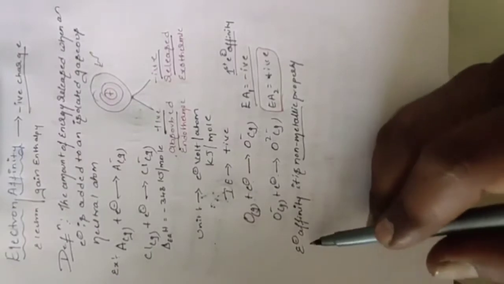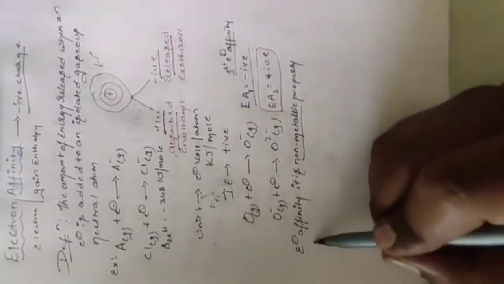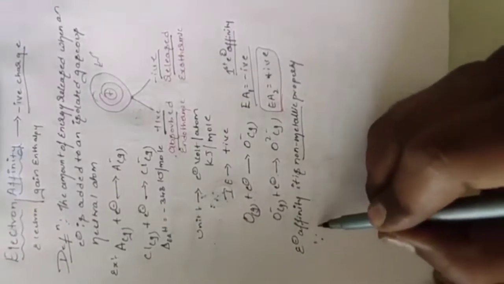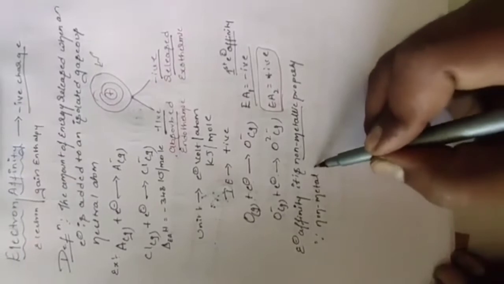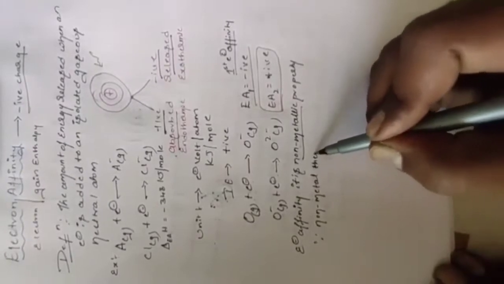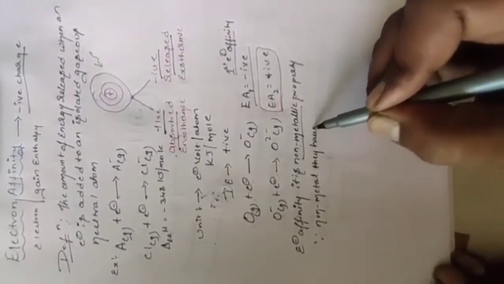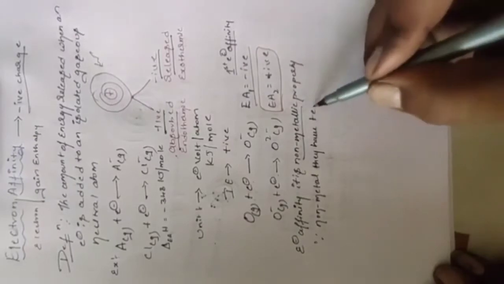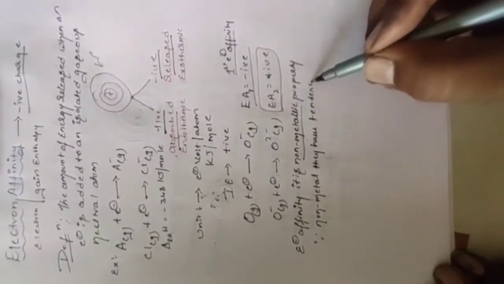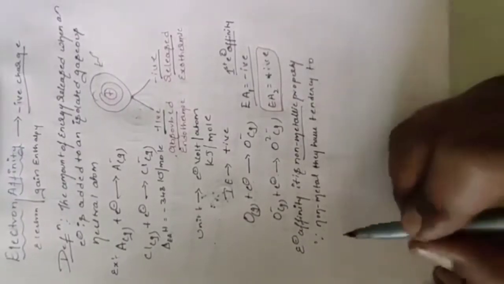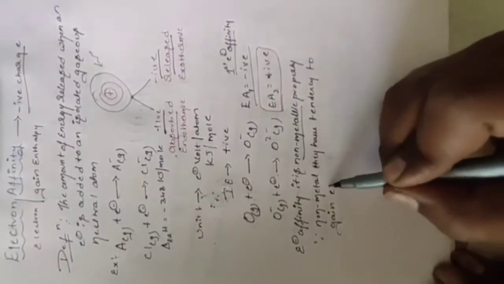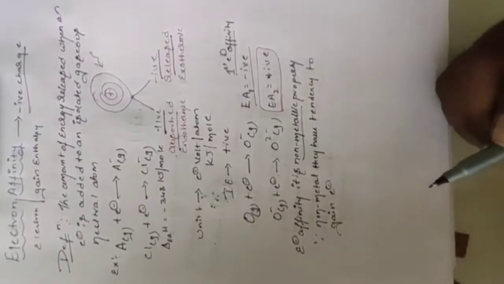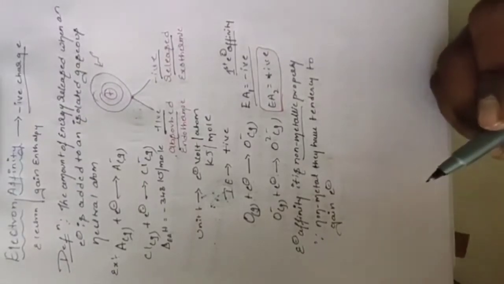They can ask you why electron affinity is a non-metal property. Why? Because non-metals have the tendency to gain electrons in the periodic table.